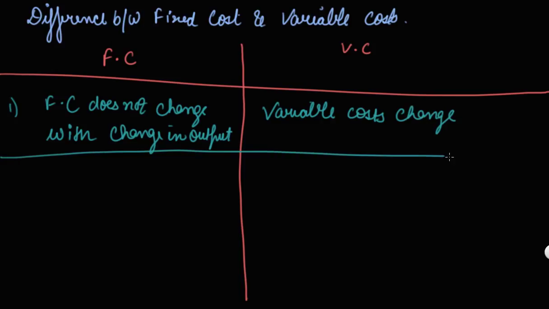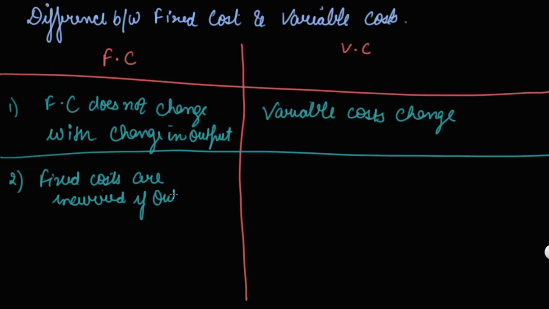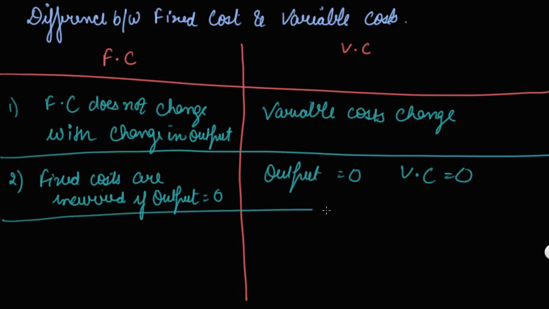The second point of differentiation is, fixed costs are incurred even if output is equal to 0, right? What about variable cost? If output is equal to 0, your variable cost will also be equal to 0.